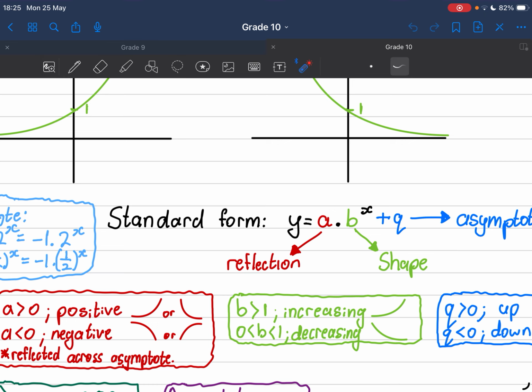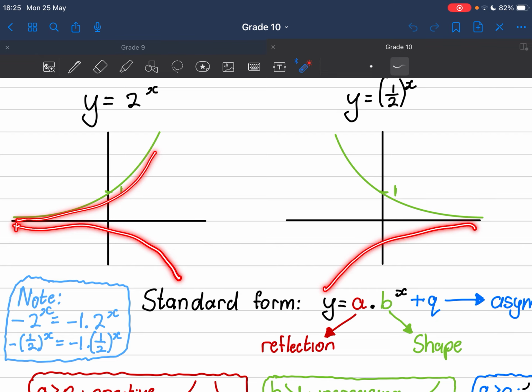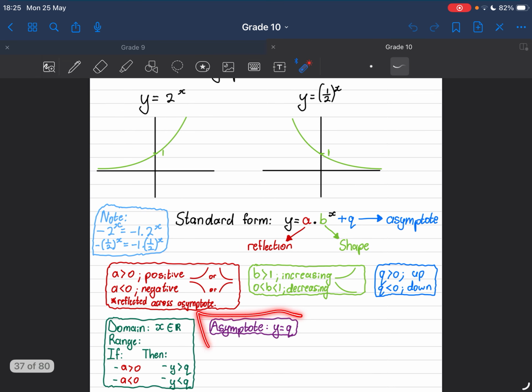Basically, when the a value is negative, it flips the graph over the x-axis. So instead of being like this, it could have been like this or like that. Basically, it's a mirror image across the x-axis.